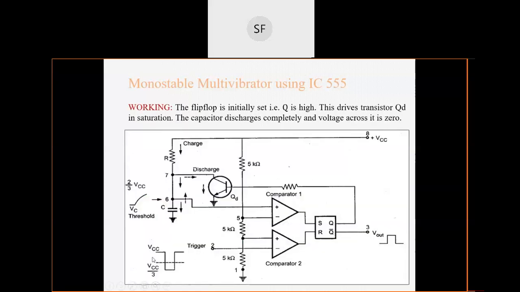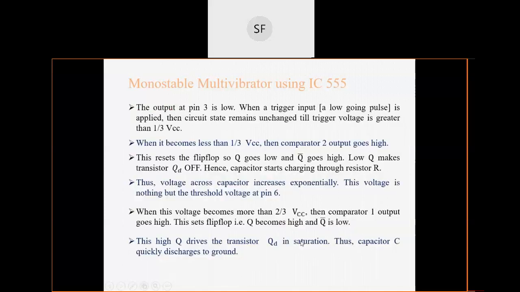Okay, suppose you have applied the trigger, and when this becomes less than VCC by 3, then what happens? The output of comparator 2 becomes high. So this comparator 2 output, you can observe here, resets the flip-flop, so Q goes low and Q bar goes high.